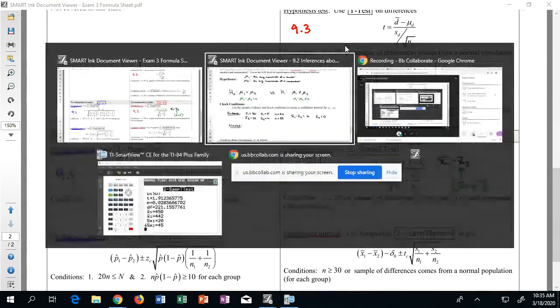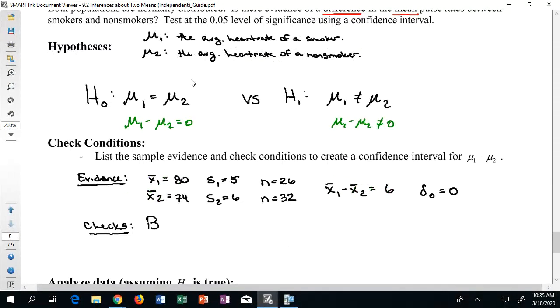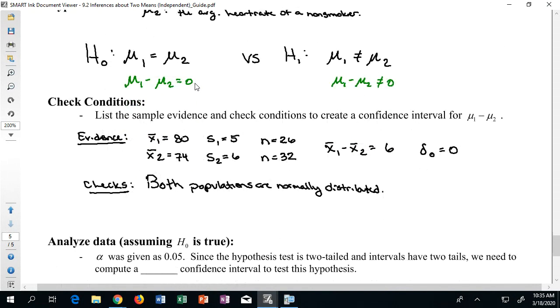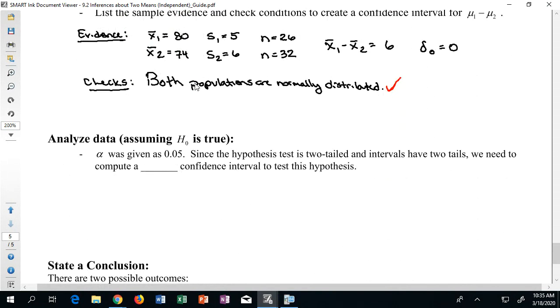Well, in our question, we were told both populations are normally distributed. So I'll just recopy that. Both populations are normally distributed. Perfect. So once that's done, I've met all of my checks and I'm ready to create my confidence interval. Again, I just have to identify that level of confidence.